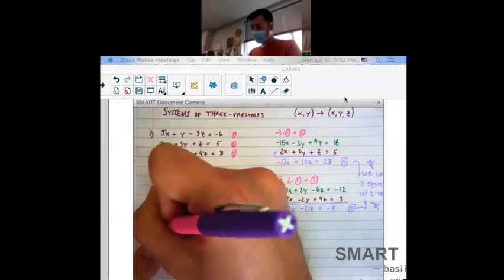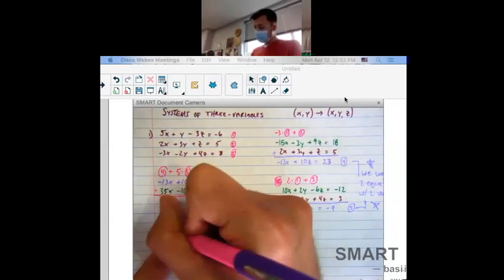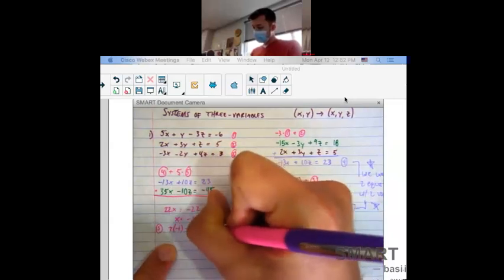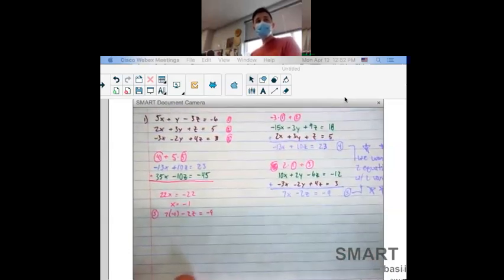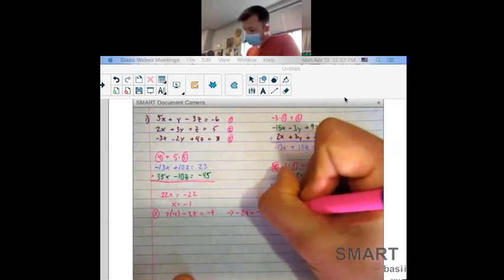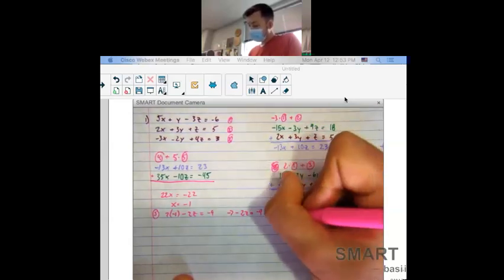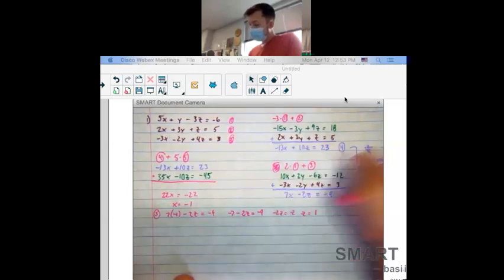So using equation 5, I'll plug negative 1 in for x. 7 times negative 1 minus 2 times z is negative 9. That's negative 7 minus 2z equals negative 9. So if I add 7 over, I'll get negative 2 here. Divided by negative 2, I'll get 1. So z equals 1.